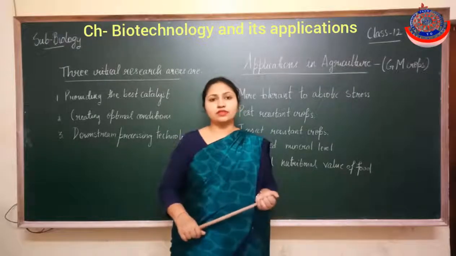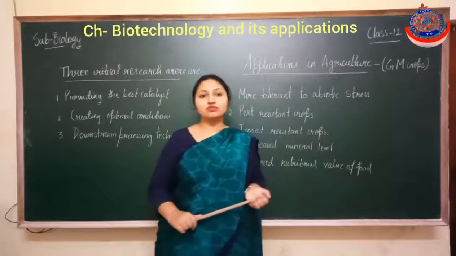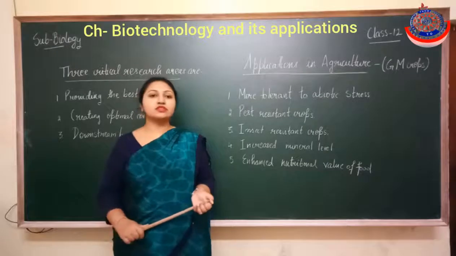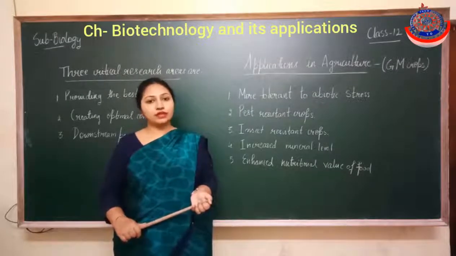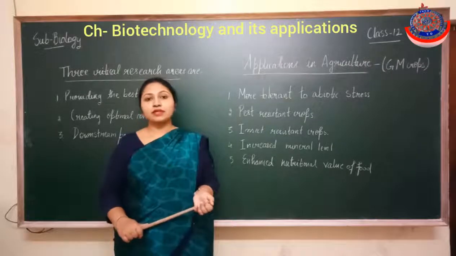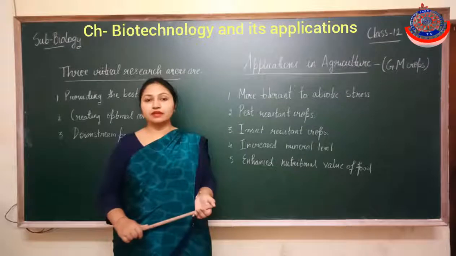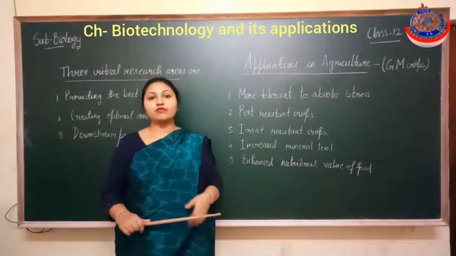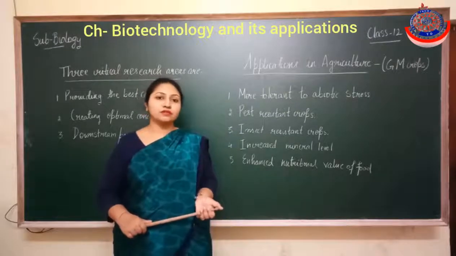Now what is agro-based agriculture? Agro-based agriculture means the use of fertilizers, herbicides, pesticides, means use of chemicals for increasing the food yield. Clear? But there are some disadvantages also of this method. What are the disadvantages? Yes, because they are harmful for the environment when they are used in excessive amounts.